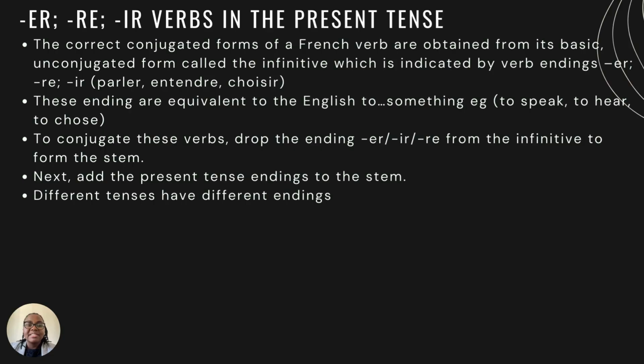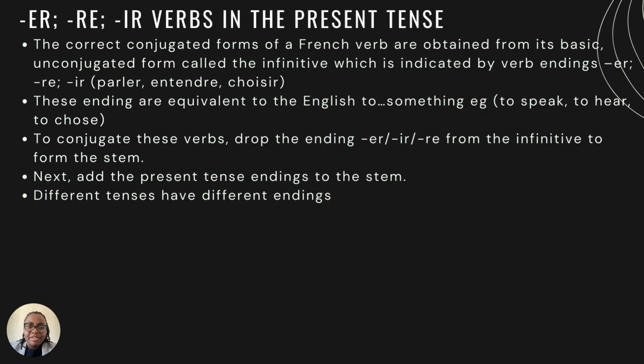These endings are equivalent to the English "to." For example, in action words, you say to act, to do, to have. Other examples can be to speak, to hear, or to choose.